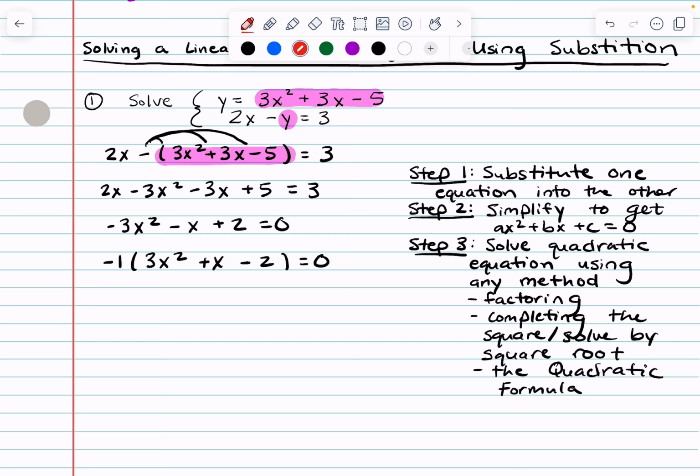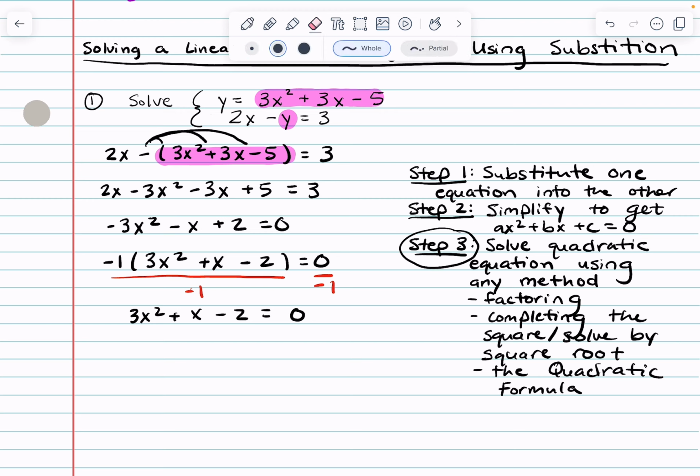To get rid of that negative, I divide both sides by negative 1, and I get 3x squared plus x minus 2 is equal to 0, since 0 divided by negative 1 is just 0. Now that we have our equation in the form ax squared plus bx plus c equals 0, I can solve the quadratic equation using any method.